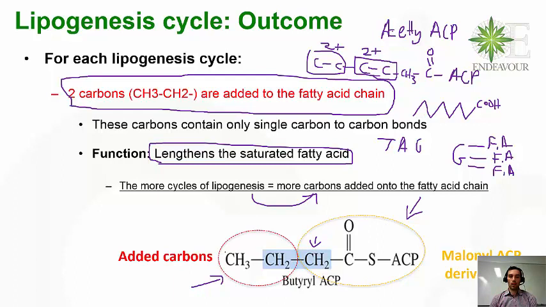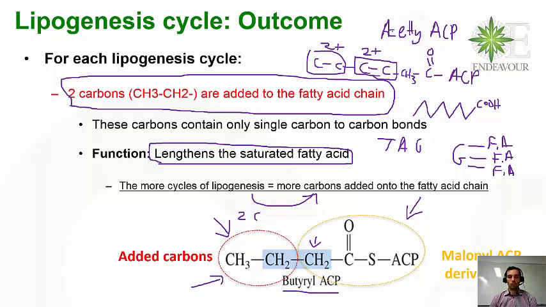And we've also added on these 2 extra carbons by modifying the group that we've added. So basically we've modified that acetoacetyl ACP to now form the butyryl ACP, which contains these 2 extra carbons that contain only single carbon-carbon bonds.